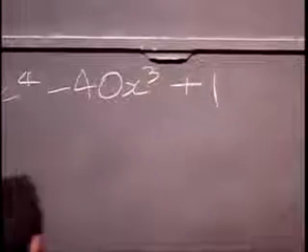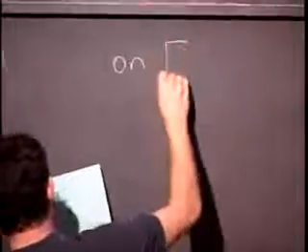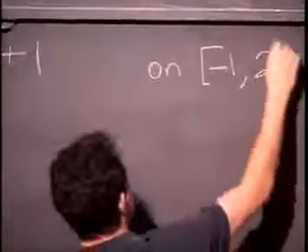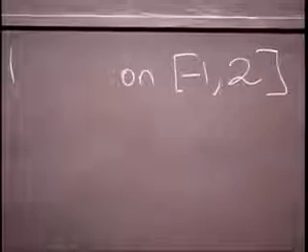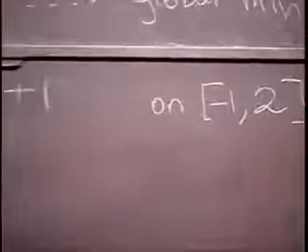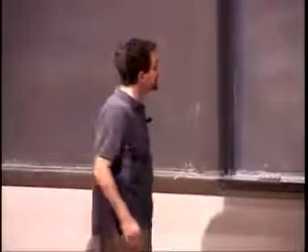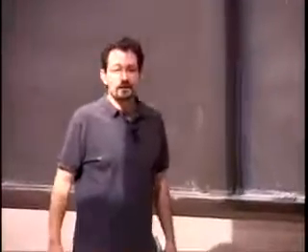And even though this could easily be defined everywhere, I'm going to define this on the domain minus 1 up to 2. Where are the global maxima and minima of this, with respect to its domain minus 1, 2?